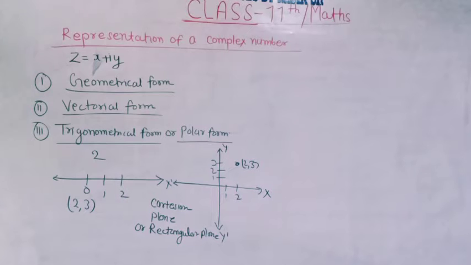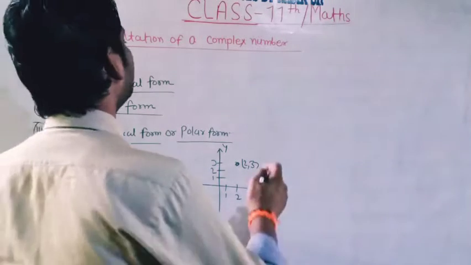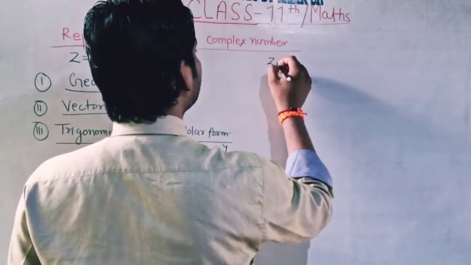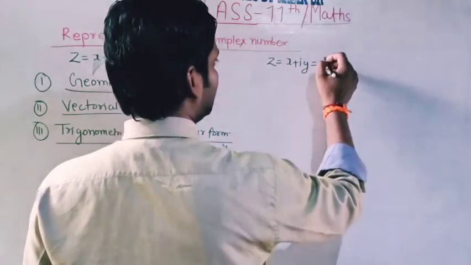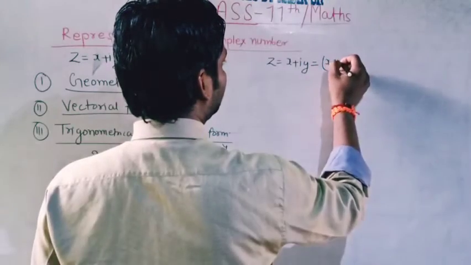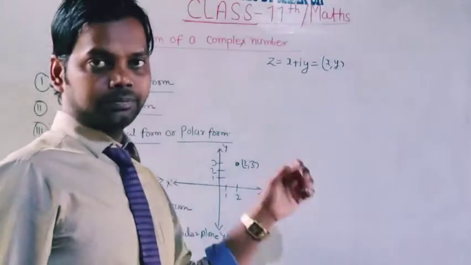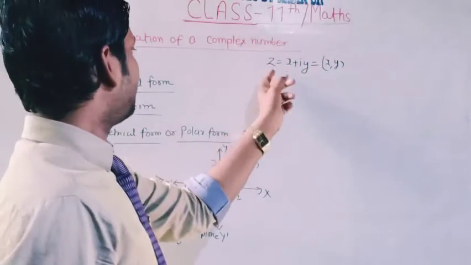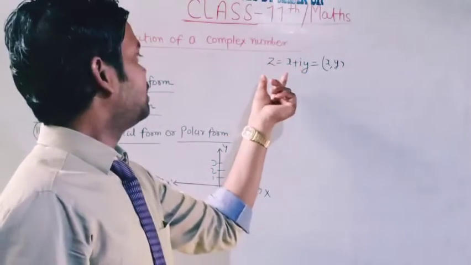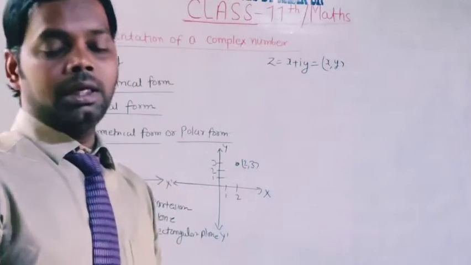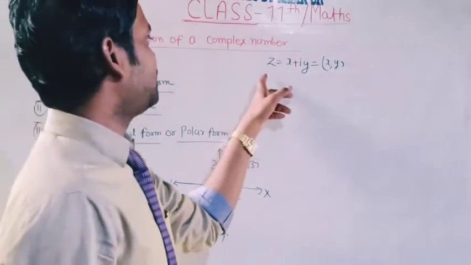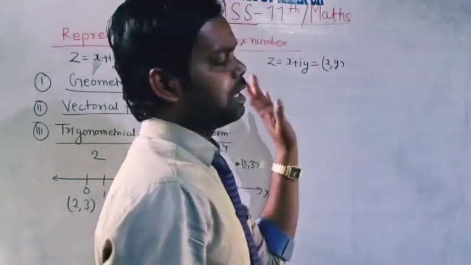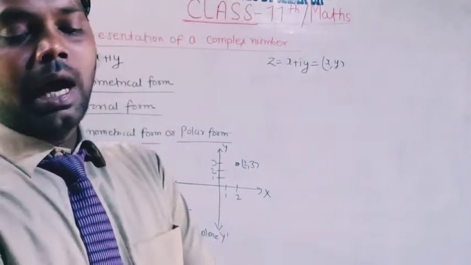But in the case of a complex number z equal to x plus iy, this is written as the ordered pair x comma y, and it is represented in the Argand plane.